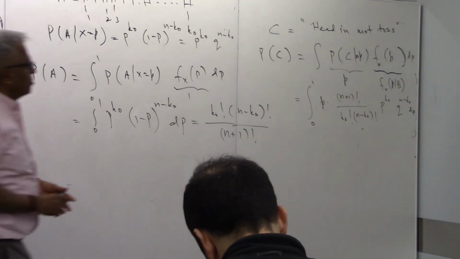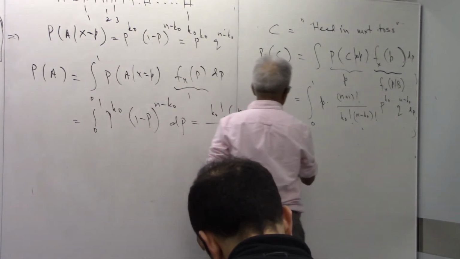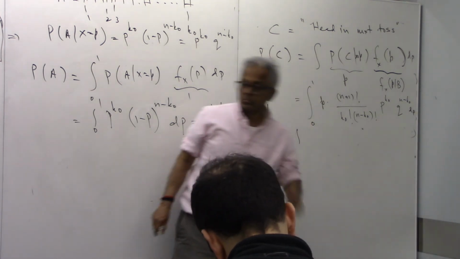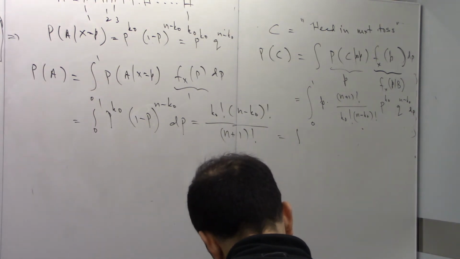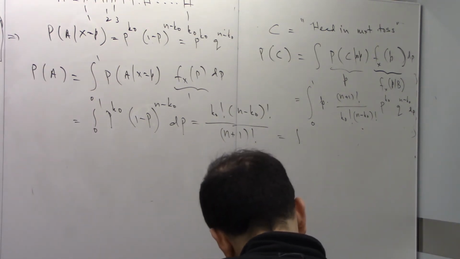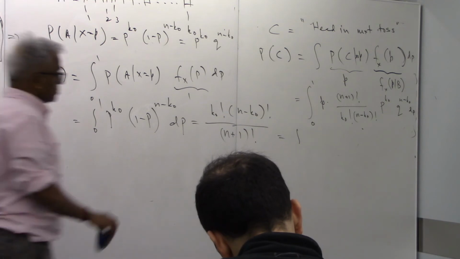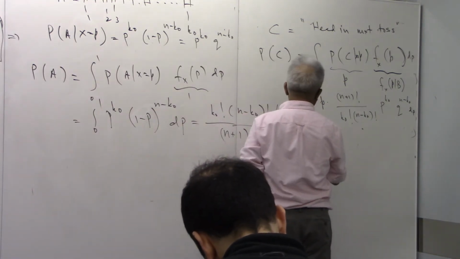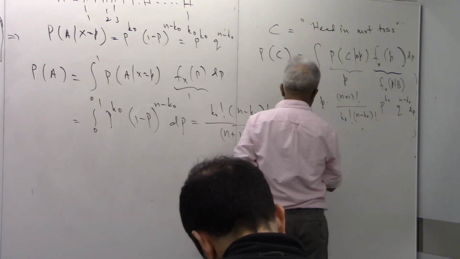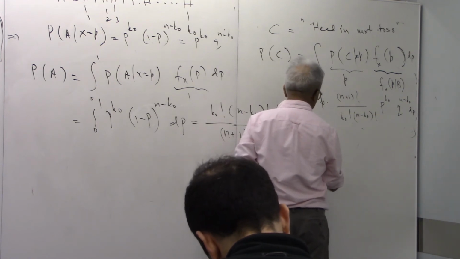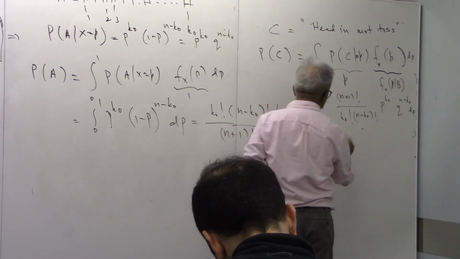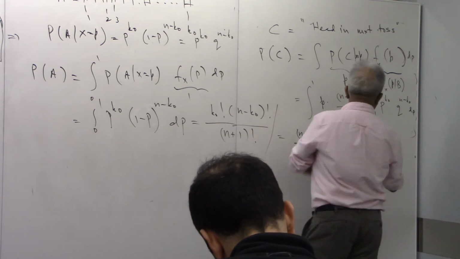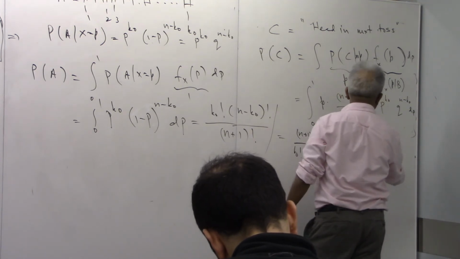All right, so I pull out the constants. So n plus 1 factorial, k naught factorial, n minus k naught, and this is 0 to 1, p to the power k naught plus 1, 1 minus p to the power.